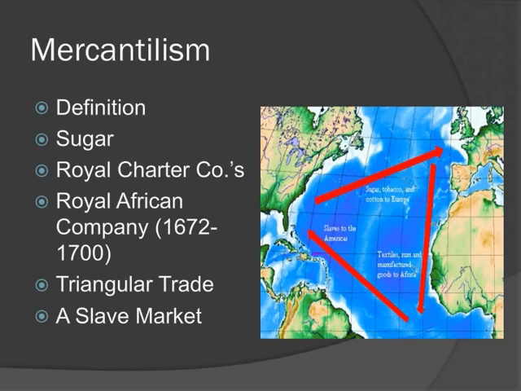Some people argue that the state-run monopoly was actually, as far as the slave trade goes, not a terrible thing, because they argue that when you only have one company doing it, it keeps the actual number of people who are being traded for slavery or other goods down.